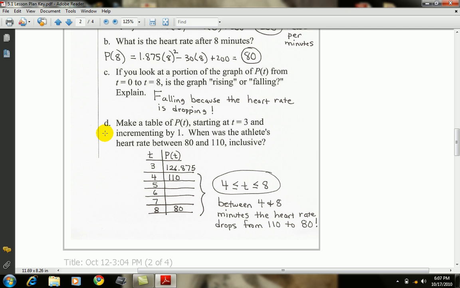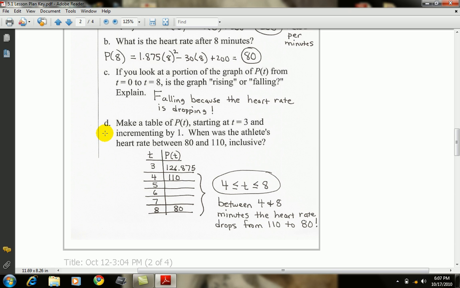All right, part D is the weirdest part of this problem. Part D asks you to make a table of P of t starting at 3, and where t is 3, and incrementing by 1. And then the question wants to know, when was the athlete's heart rate between 80 and 110 inclusive? So in other words, you're making a t-table is what you're doing.